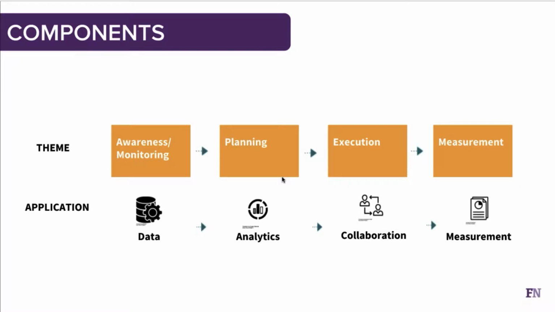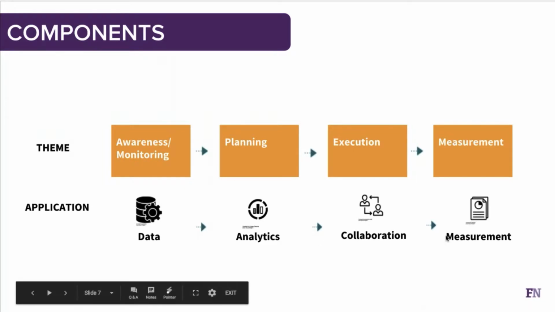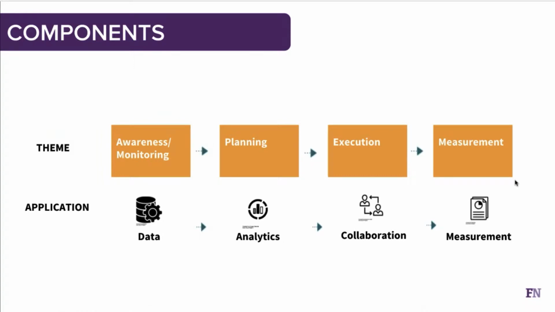When we think about building new features and providing new functionality to you, we like to think of them in terms of its parts. After coming up with the parts, we actually like to think about how all those parts flow together. So issues begins to connect the dots between four components, as you'll see here: awareness and monitoring or identification, planning, execution on those plans, and then measuring your execution.